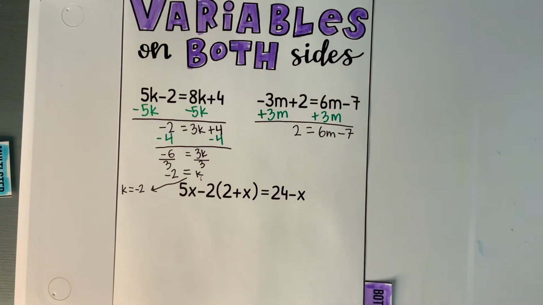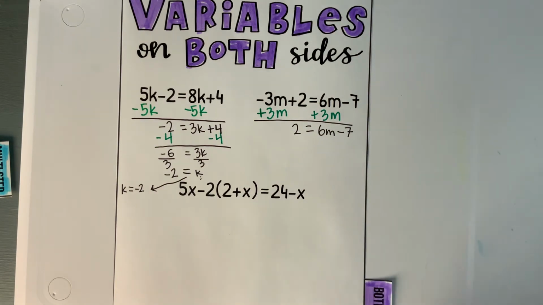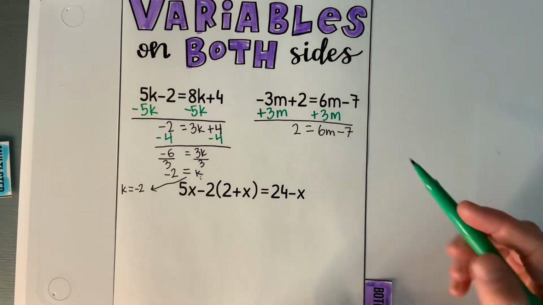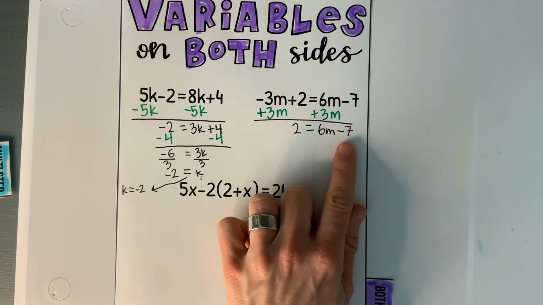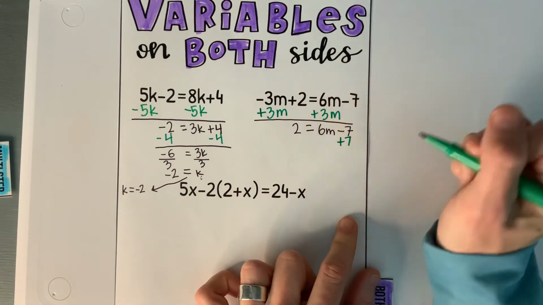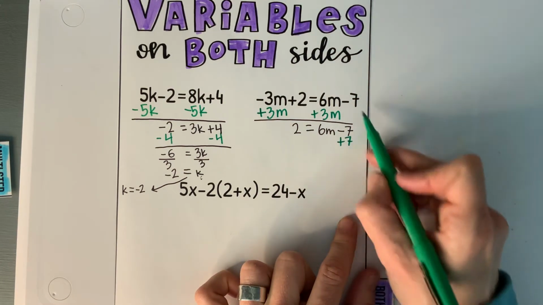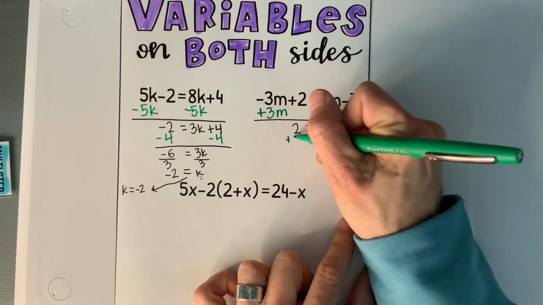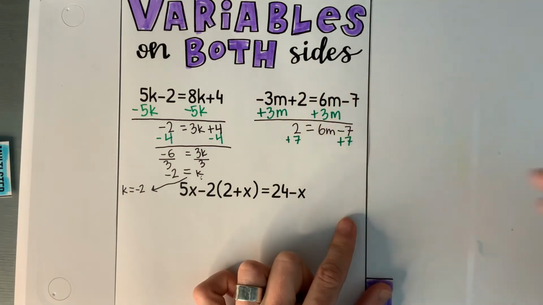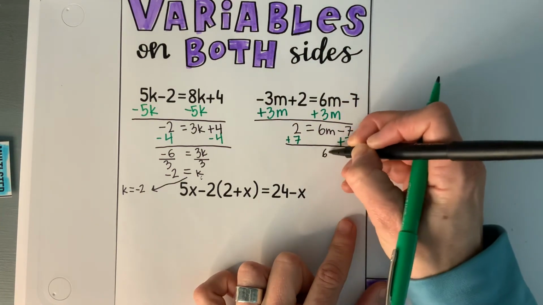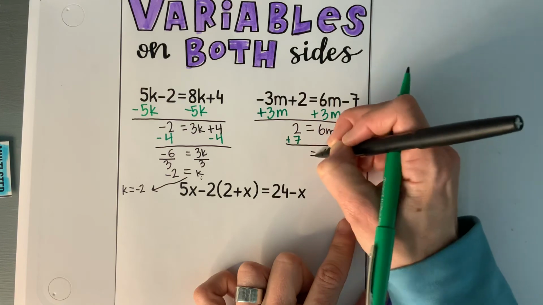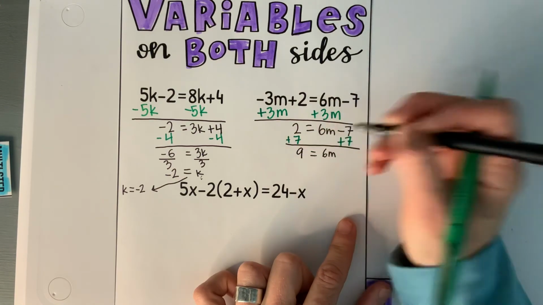Next, I check to see if I need to move any variables or combine any terms, so I'm good there, and now I just need to get rid of this constant. Right now it's minus 7, so in order to undo that, I need to add 7 to both sides, because I want to maintain balance on my scale. I'll do a horizontal line there, and bring down my 6m, that term has been eliminated, equals 7 plus 2 is 9.